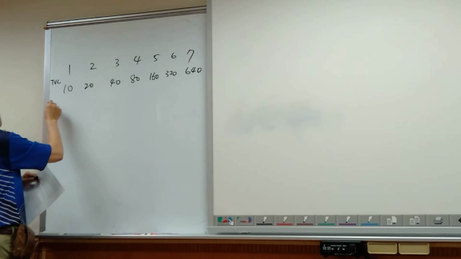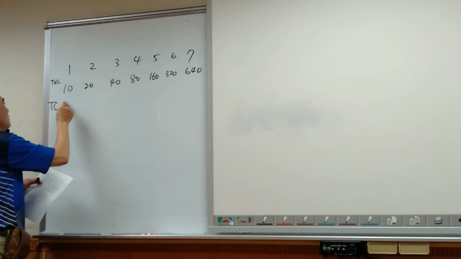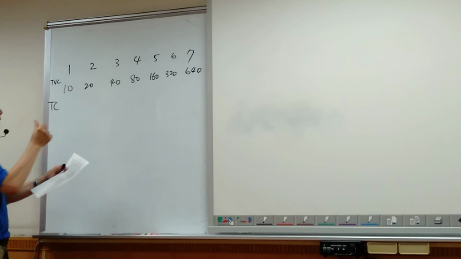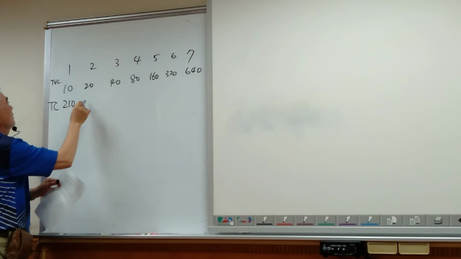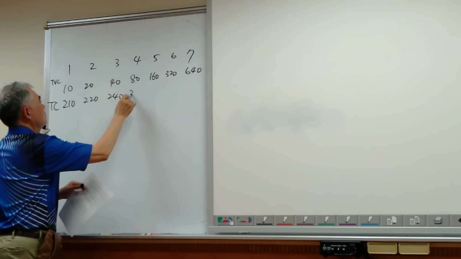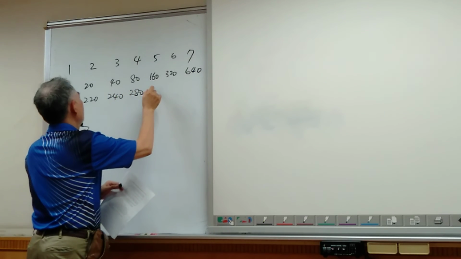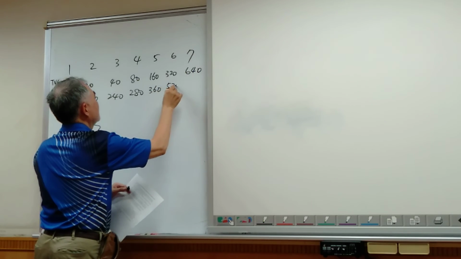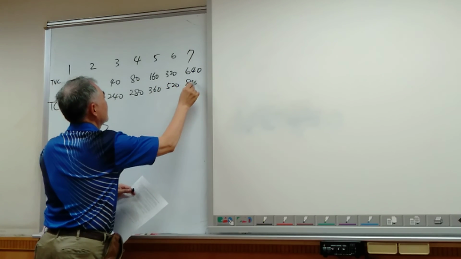Okay, so TC, total cost, because the fixed cost is 200, you're going to have 210, 220, 240, 280, and then 360, 520, 840.